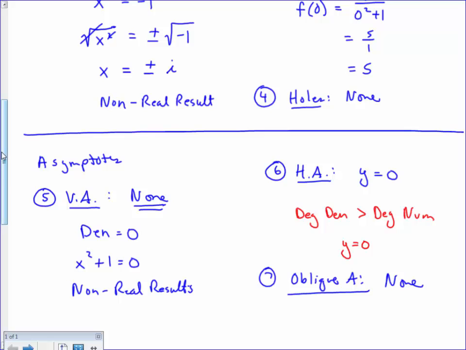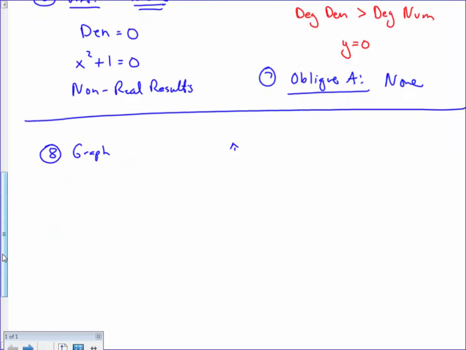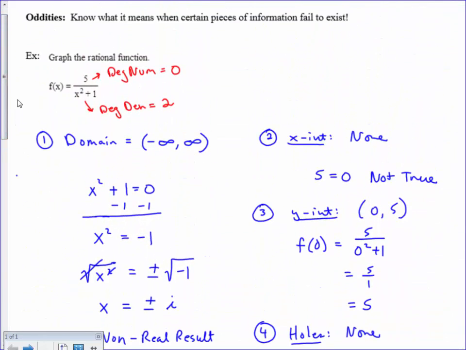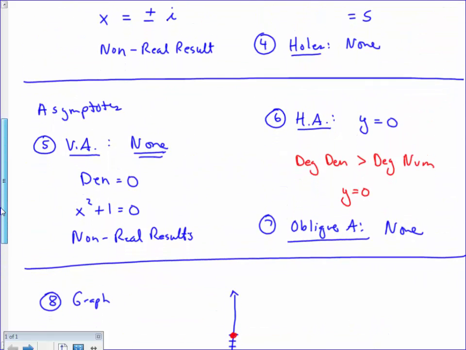So now it's time to try to graph my problem. So step 8 to graph. First thing I want to do is go back up and graph any kind of points that I got. Well, I didn't have an x-intercept. I did have a y-intercept of (0, 5), so we will graph that. And then we want to graph any kind of asymptotes we had.